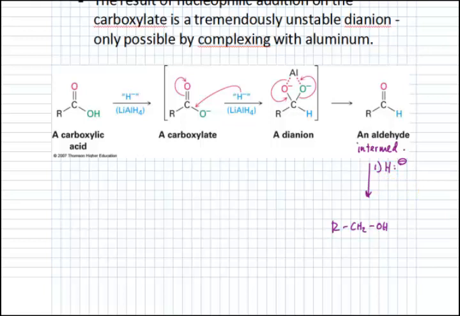And here, let me color code it. It's the H on the OH that comes from the acidic workup. Take a look back at our aldehyde chapter if you're unfamiliar with that mechanism. Just a simple nucleophilic addition making an alkoxide, which just gets protonated in workup.